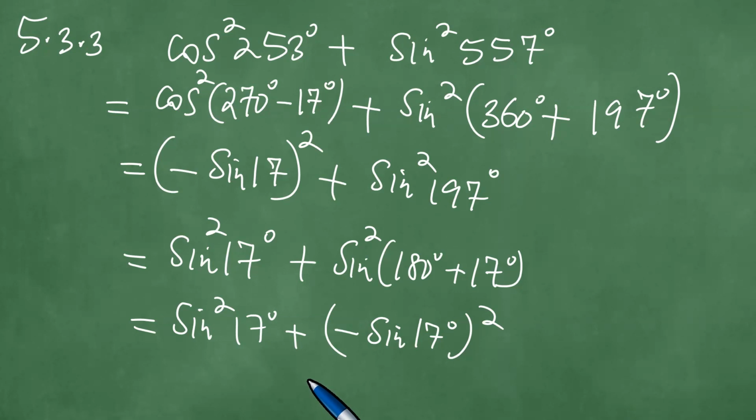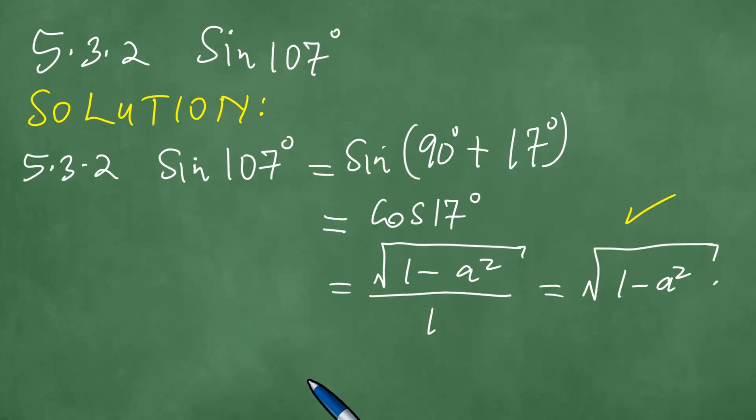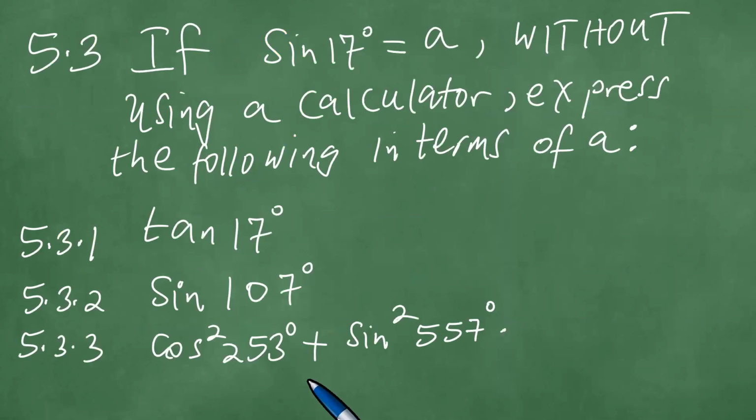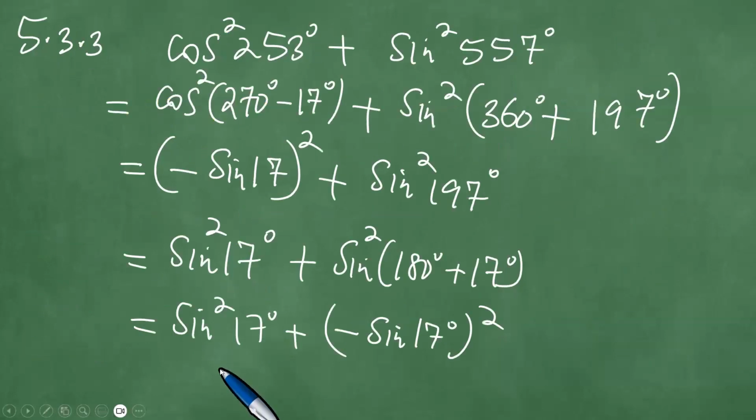So we had to determine, according to this instruction, if the sine of 17 degrees equals A without using a calculator, express the following in terms of A: the tangent of 17, the sine of 107, etc. And we've done that.